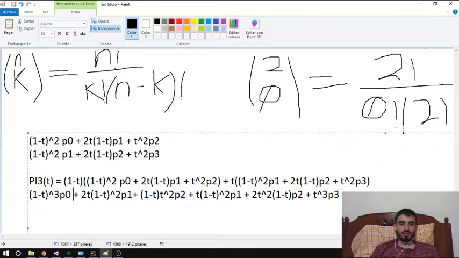we see that we have a cubic here, and we have a quadratic term here, which is 2t, and we have t times (1 minus t) squared p1, so this will become 3t(1 minus t) squared p1, plus, we cancel these terms. There you go.